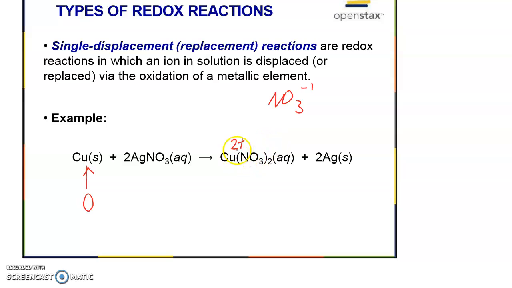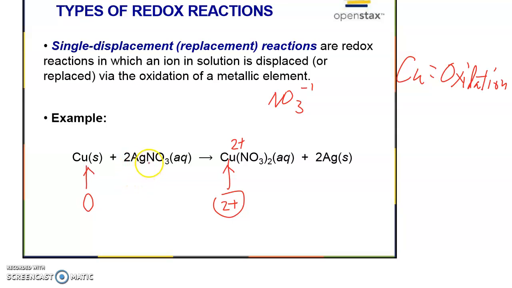That's why it is 2 positive. So it's coming from 0 and becoming 2 positive. So the oxidation number increased during this reaction. So copper's oxidation number increased. That means it's going through oxidation.